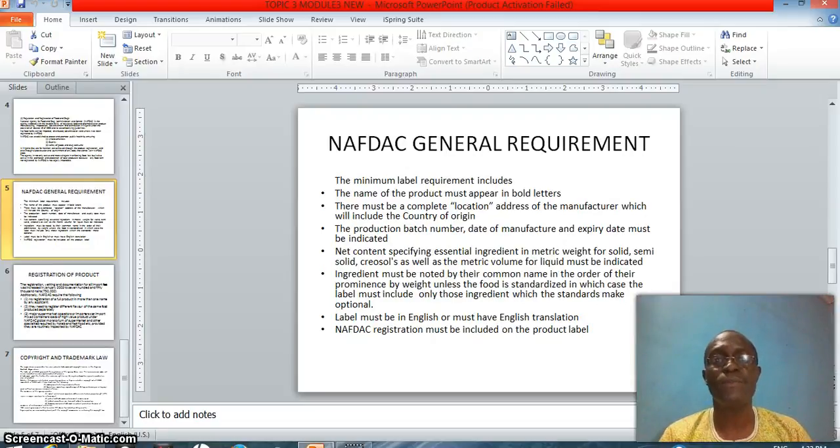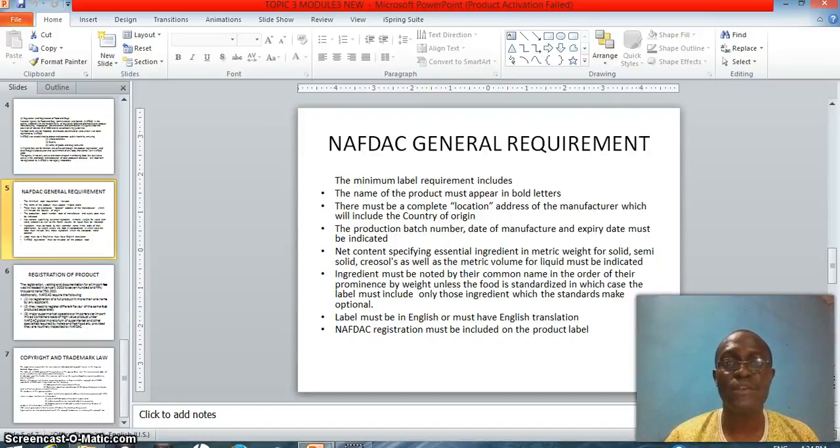NAFDAC general requirements. The minimum label requirements include: 1. The name of the product must appear in bold letters. 2. There must be a complete location address of the manufacturer, which will include the country of origin. 3. The production batch number, date of manufacture, and expiry date must be indicated. 4. Net content specifying essential ingredients in metric weight for solid and semi-solid, as well as metric volume for liquid, must be indicated. 5.